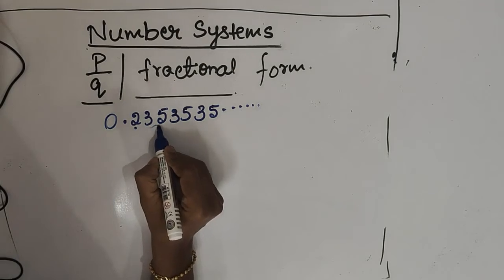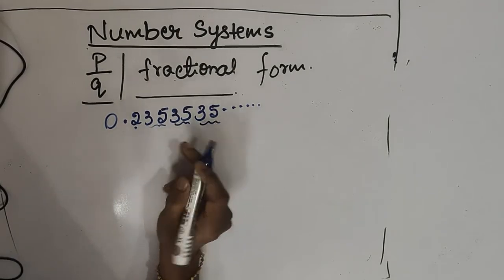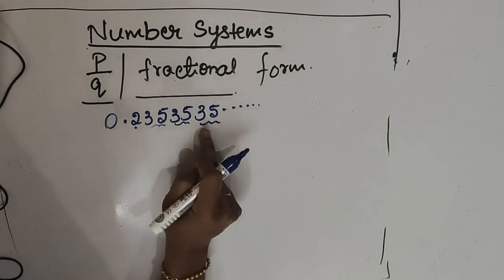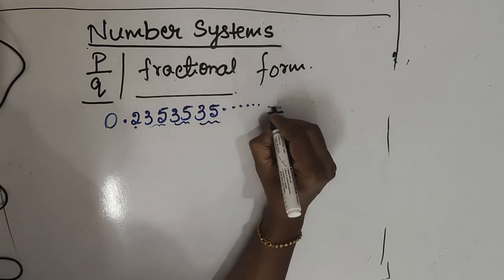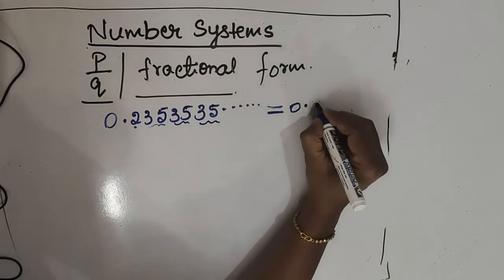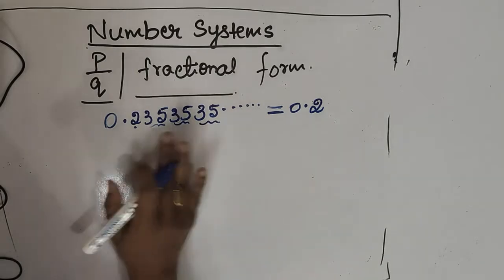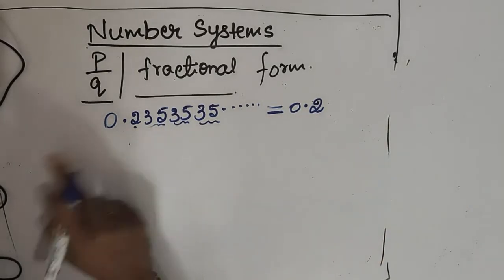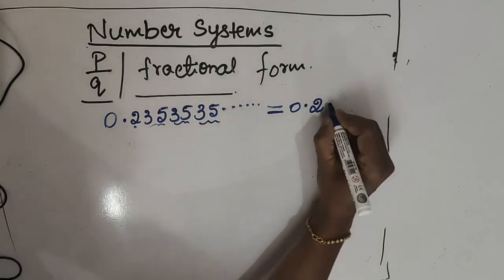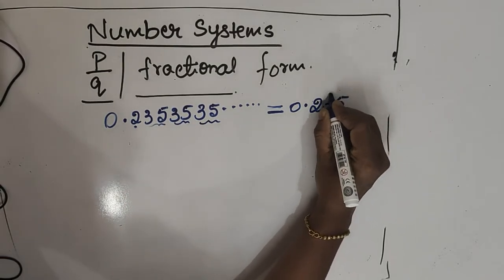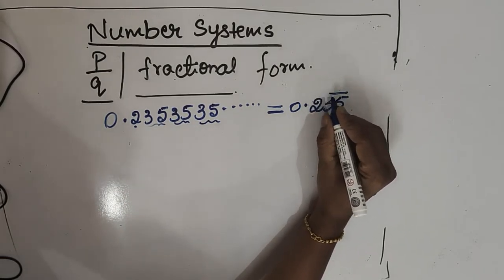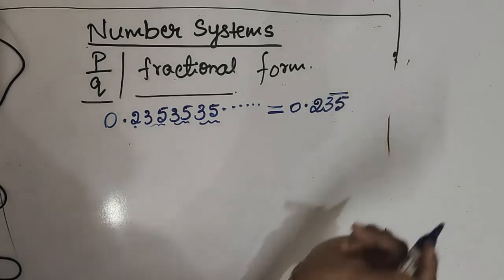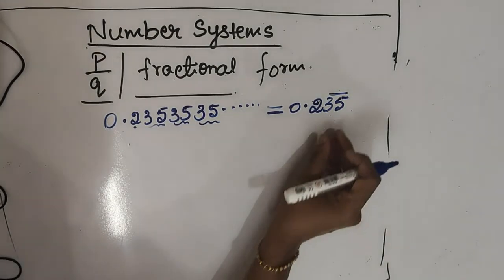The repeating part is 35, so 2 is not related to this. So while writing, you have to write 0.2 first, because 2 is not repeated. 235 is not repeated, just 2 is left out, then 35 is repeated. So upon 35 we have to put the bar. If you put the bar over 2, it is wrong. Understood? So the repeating number is this.